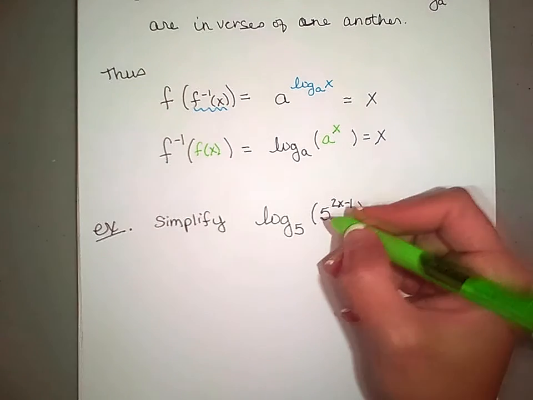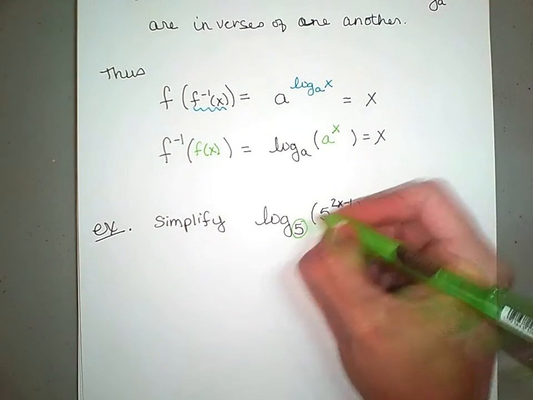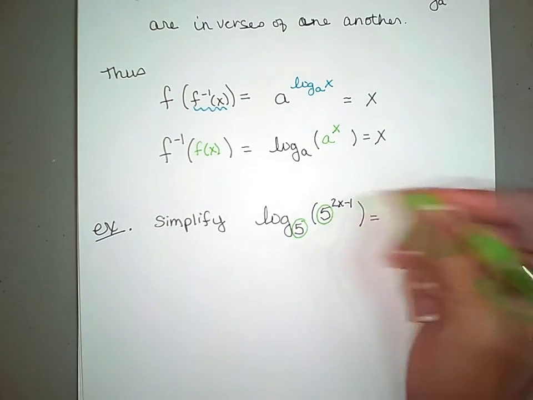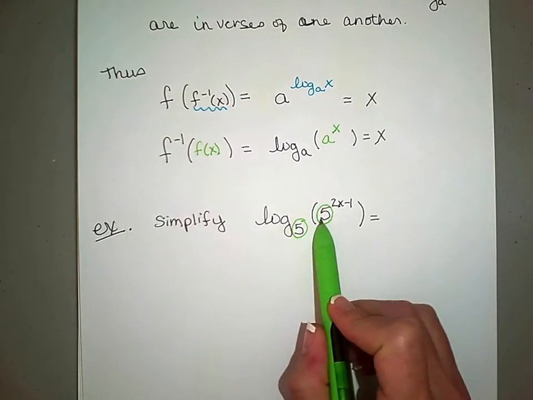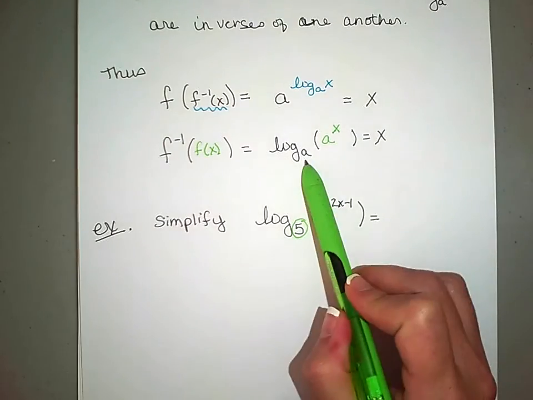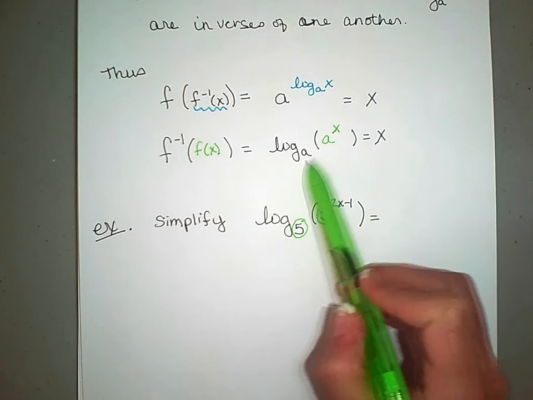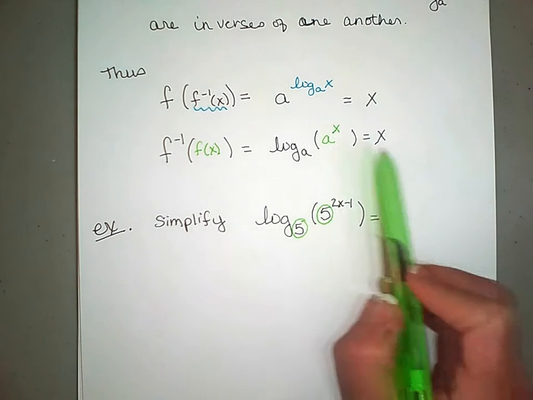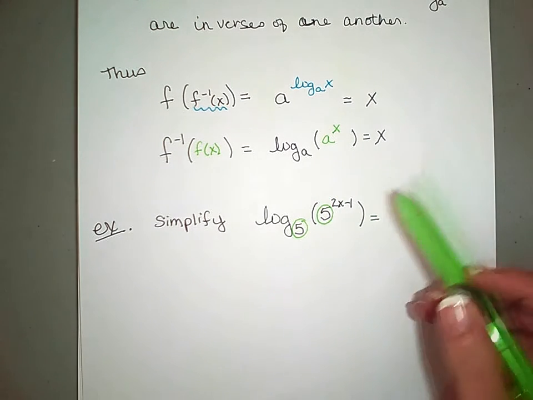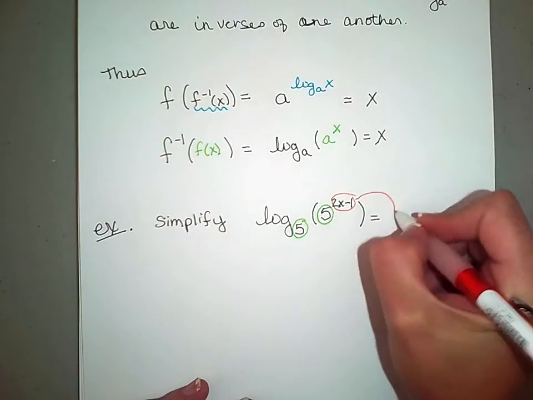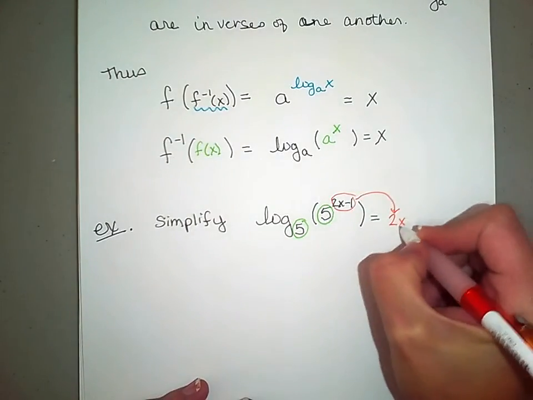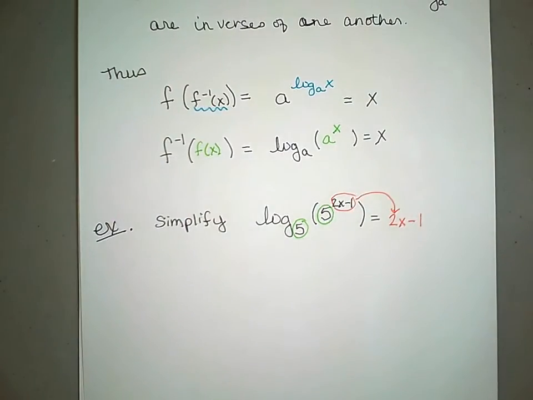So what we'll notice is that the log base is the same as the base in what they call the argument. These two are the same. So in this situation, log base a of a to some power, the answer will just be the power. In this case, our power is 2x minus 1. And that's how this expression would simplify.